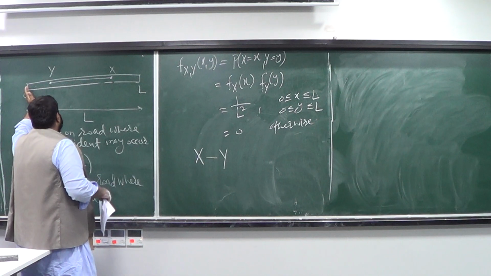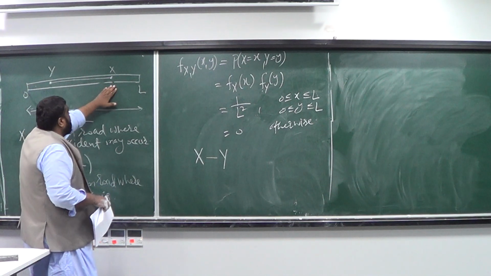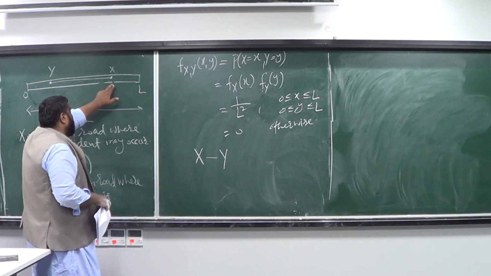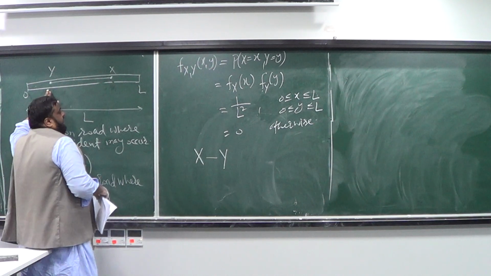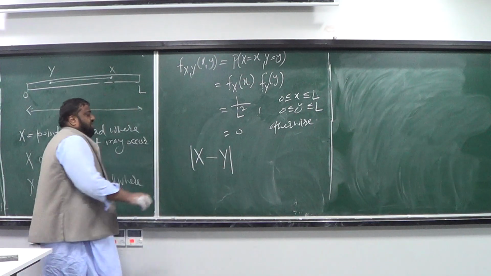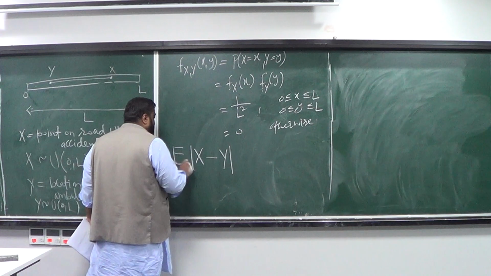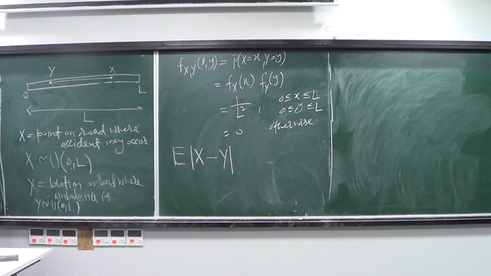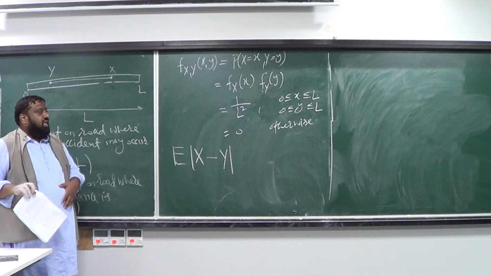The y could have a smaller value and x a larger value, or you could have y here and x here. So it's better to put an absolute value. And the question is, what would be the expected distance between these two places? So I want to compute the expectation of the absolute value of x minus y.